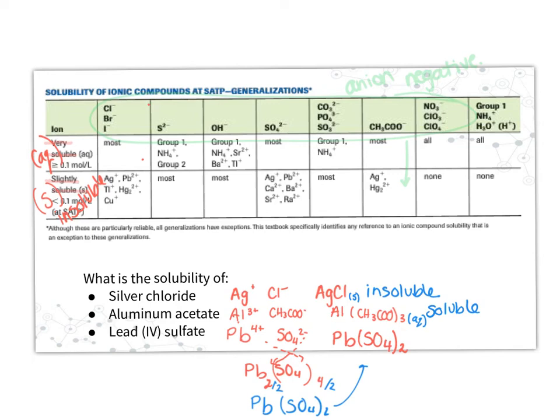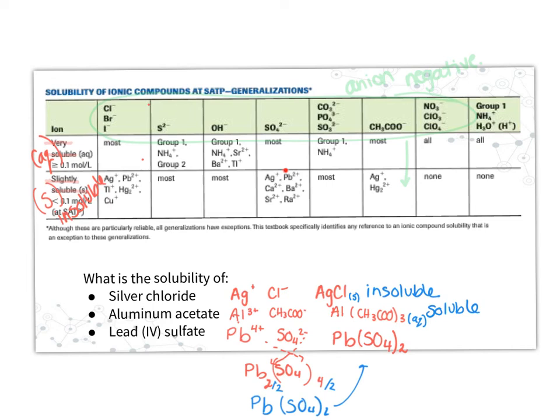Okay, back to solubility. We need to look for sulfate along the top of our chart here. Sulfate I find here. Most things are soluble with sulfate. However, let's see if Pb4+ is an exception. So silver, Pb2+, calcium 2+, barium 2+, strontium, and radium are insoluble with sulfate.